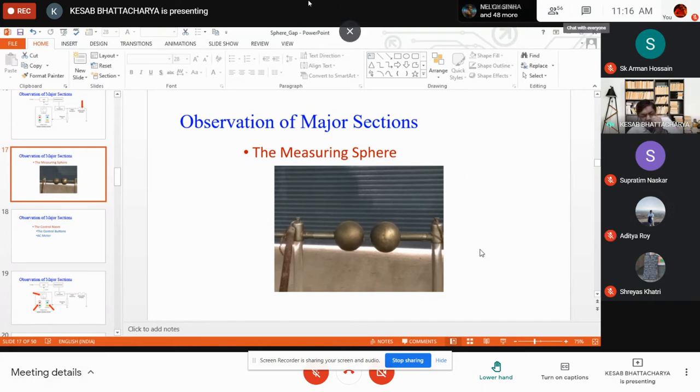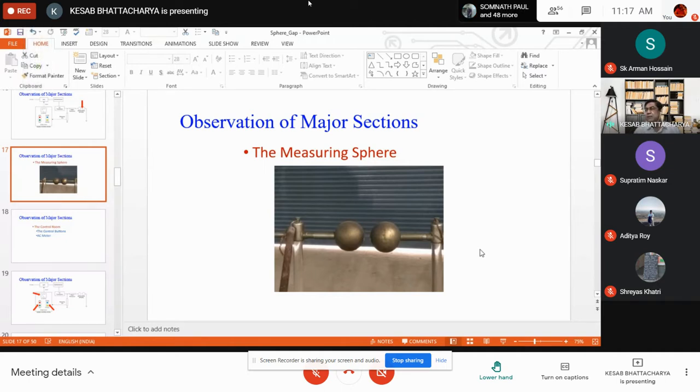Next point, which is mentioned in that particular IS specification, that is standard spheres. Standard spheres are those which are manufactured according to the specifications of this IS standard, and to be more specific, they have definite diameters, definite dimensions.